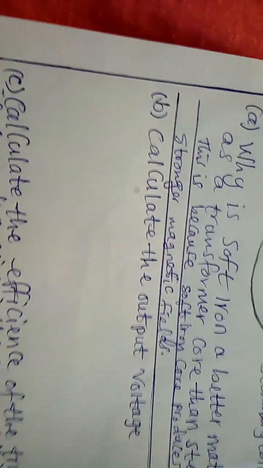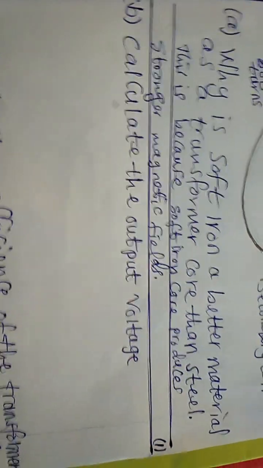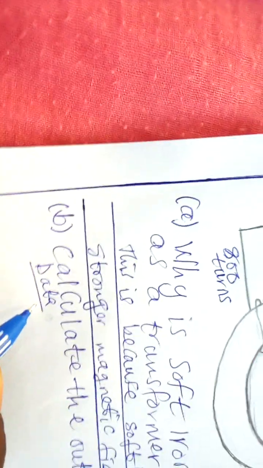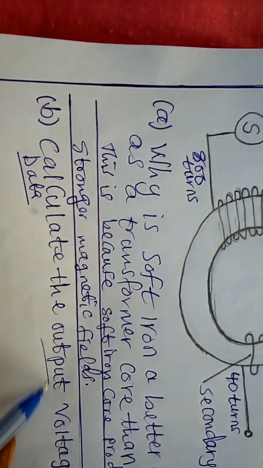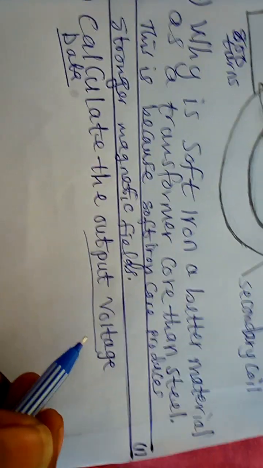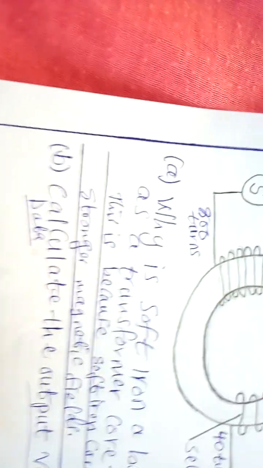Now we come to the second one, B. B reads as follows: calculate the output voltage. So now we write first our data. We are looking for the output voltage. Let's check our data.